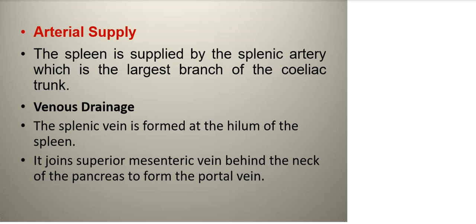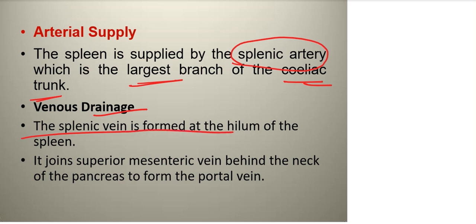The spleen is supplied by the splenic artery, which is the largest branch of celiac trunk. Venous drainage: splenic vein is formed at the hilum of spleen. This splenic vein finally joins the superior mesenteric vein behind the neck of pancreas to form the portal vein.